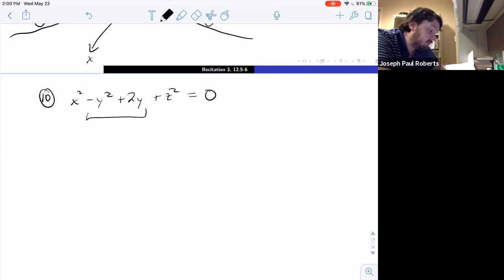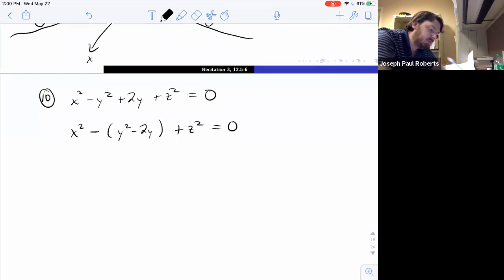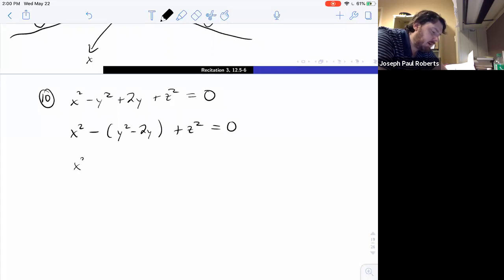Well, we're going to complete the square. So this is x squared minus y squared minus 2y plus z squared equals 0. And so what I need to do to complete this square is add 1, subtract 1 in there.